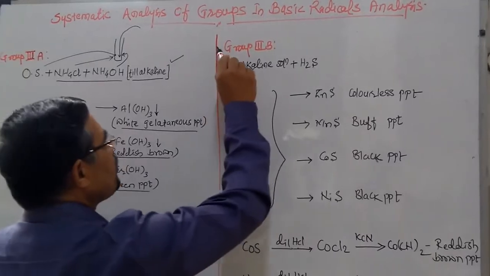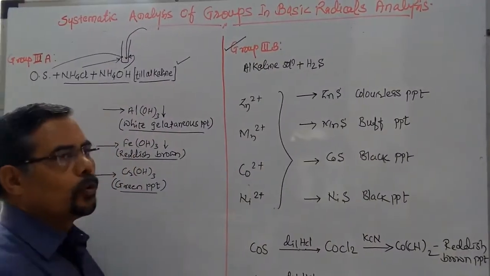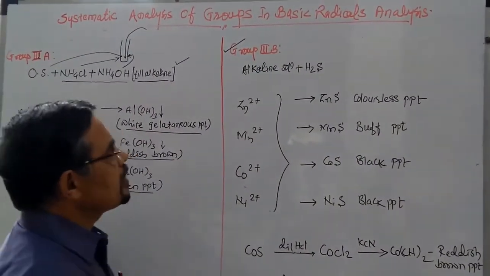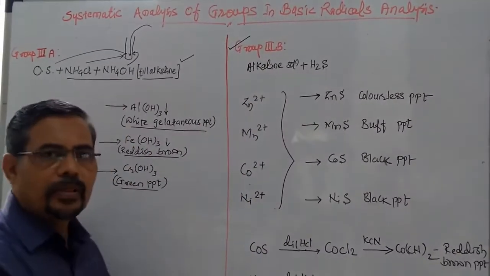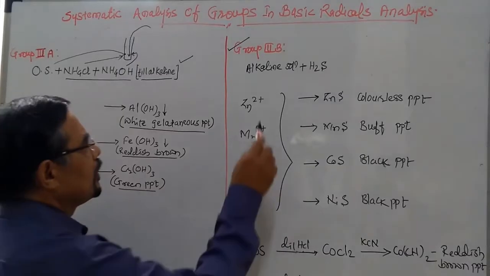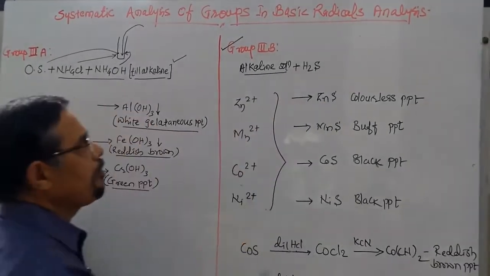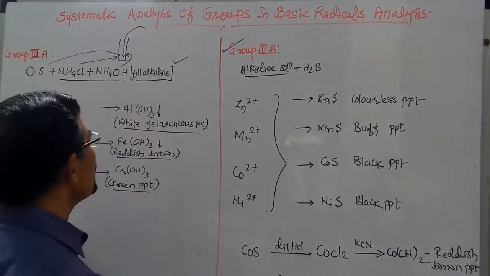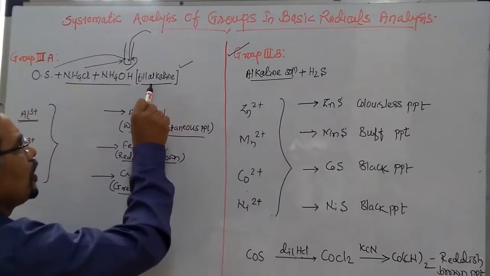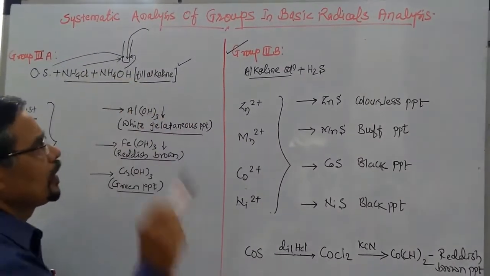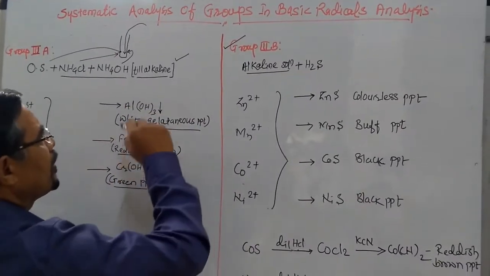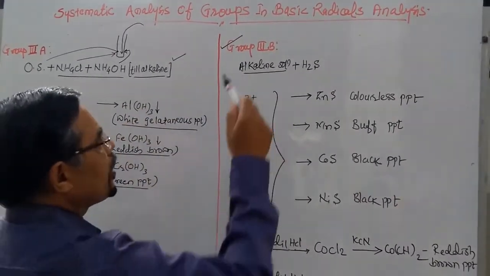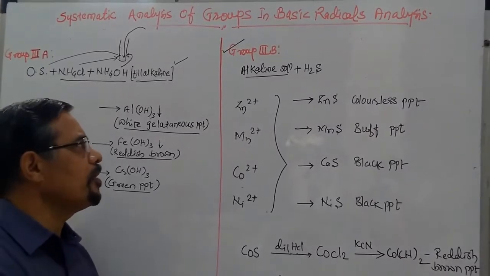Now group 3B, analysis of group 3B. The test we are using for analysis of group 3B is, we had already prepared alkaline solution. This is the alkaline solution prepared in group 3A, but with no precipitate, and the same alkaline solution we can use for group 3B.